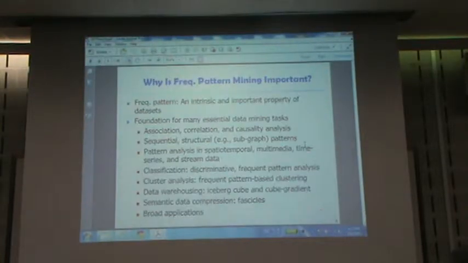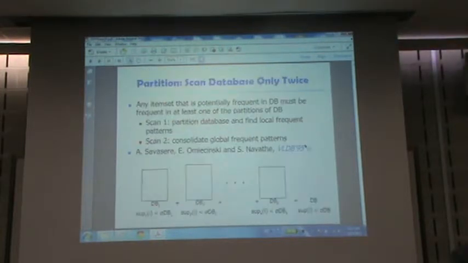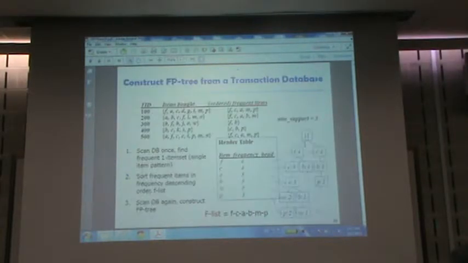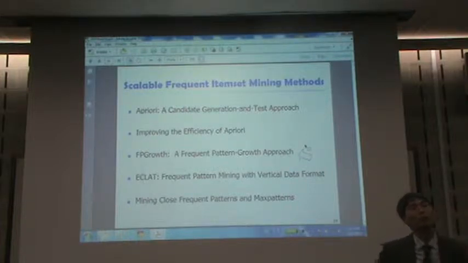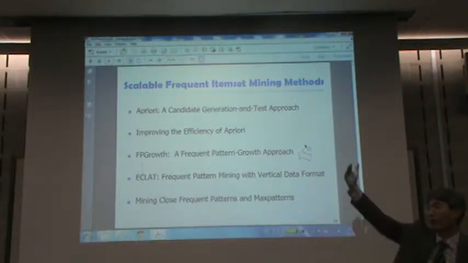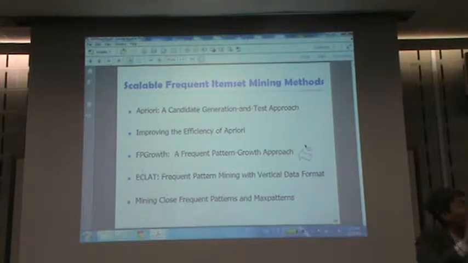So today we are going to continue with pattern mining, the association rule mining. Last time we talked about the Apriori algorithm. The idea of the Apriori algorithm is based on previous knowledge. After scanning the data set, we try to select the item sets that satisfy the support.